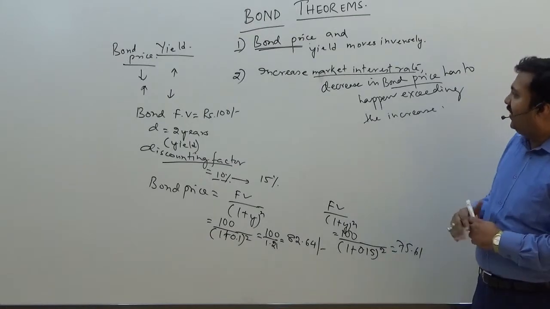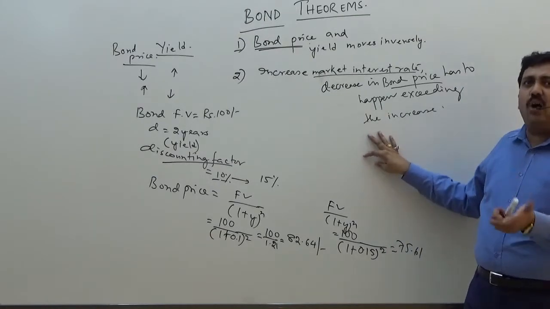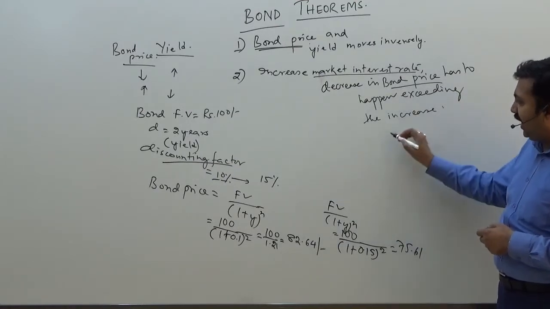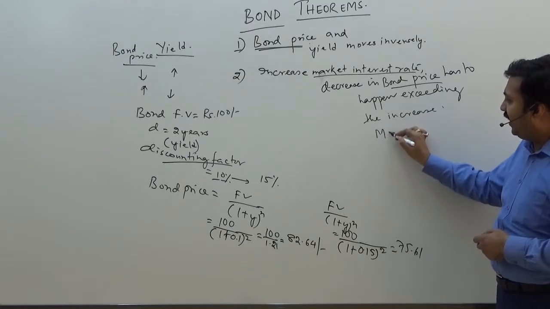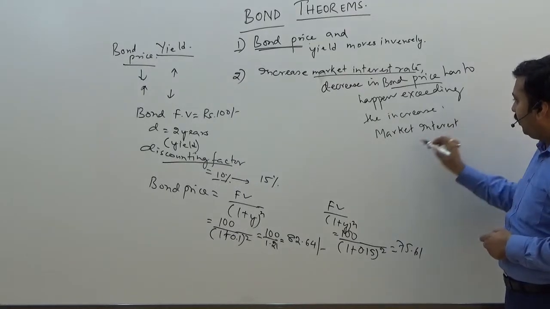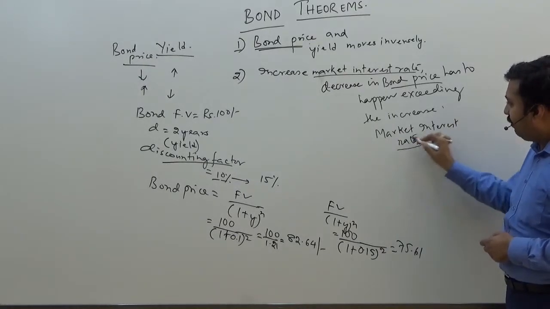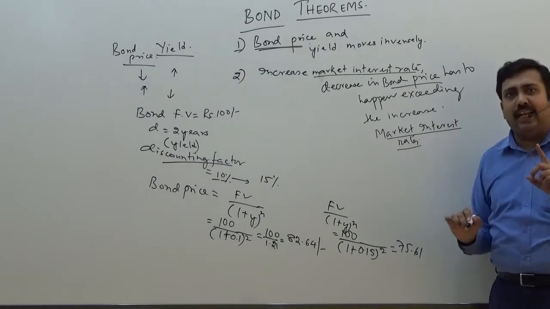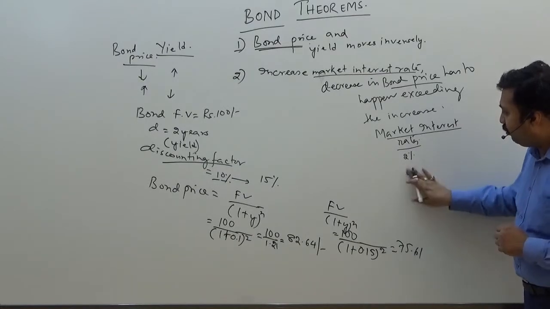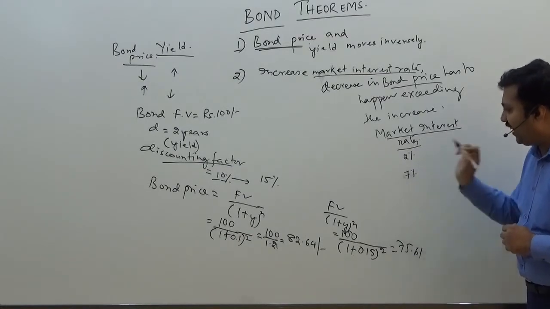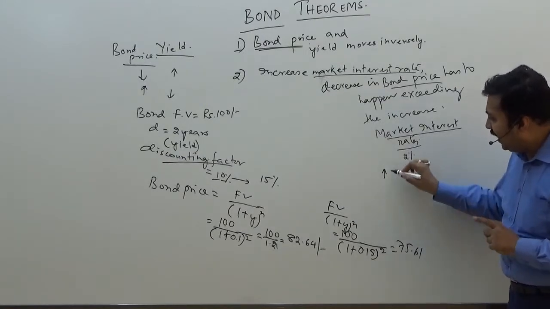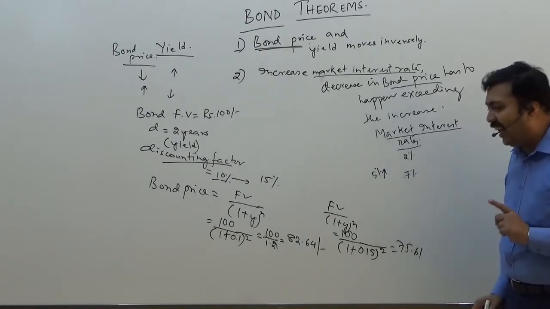Right? Now let us take a problem to understand how this scenario might arise. Say for example, if I assume that the market interest rates have gone from 2 to 7%, that means there has been an increase by 5%.